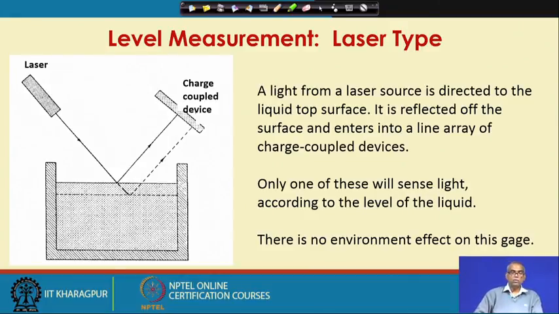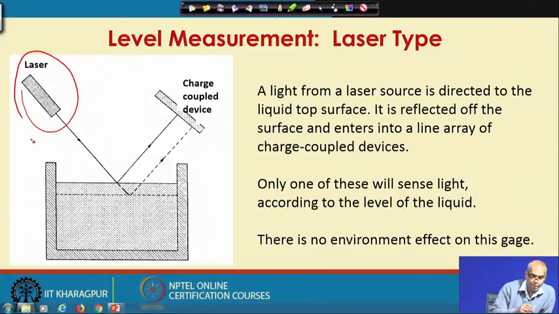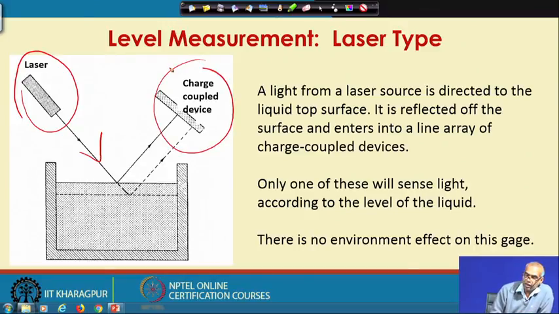Finally, we will talk about level measurement by laser type level gauge. A light from a laser source is directed to the liquid top surface. It is reflected off the surface and enters into a line array of charge coupled devices.